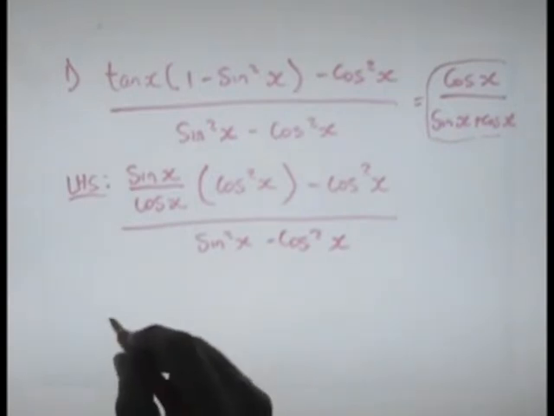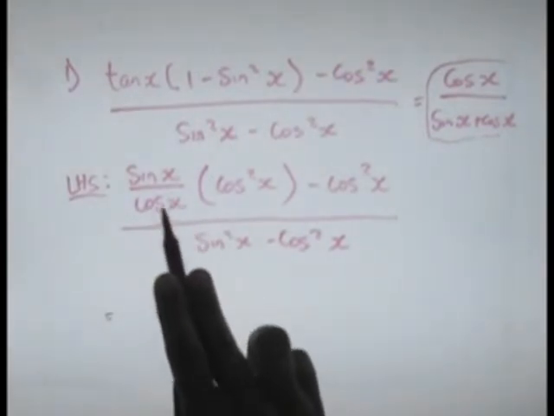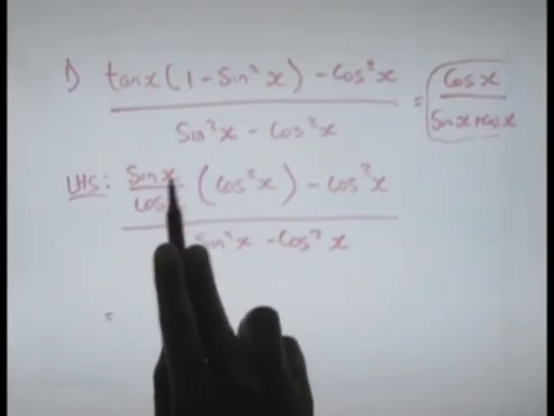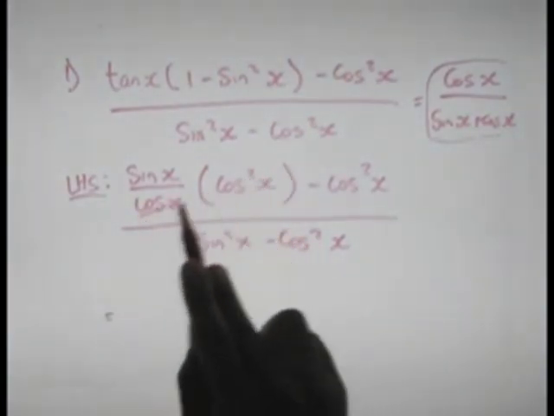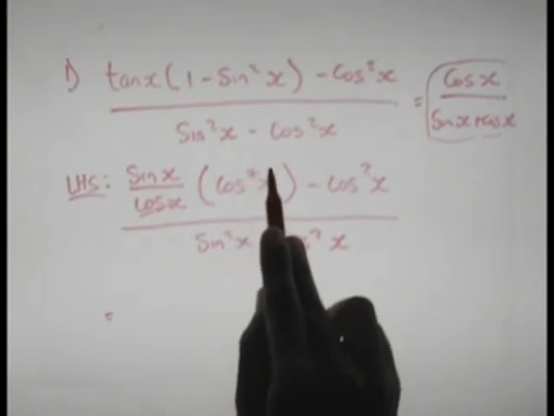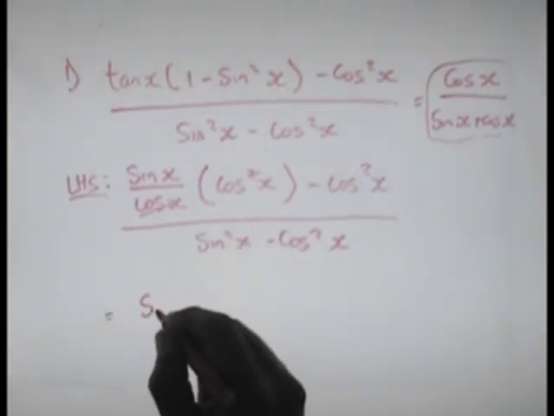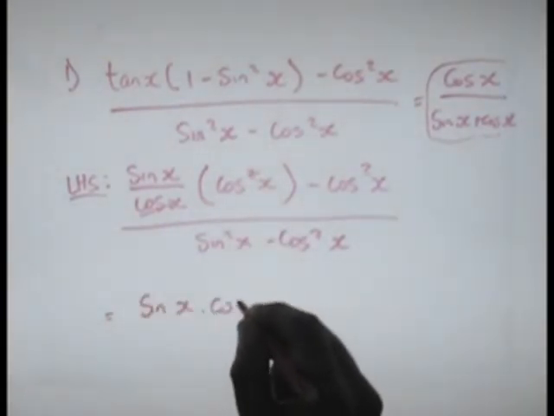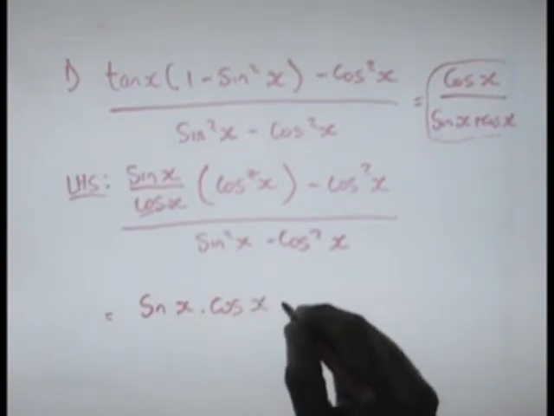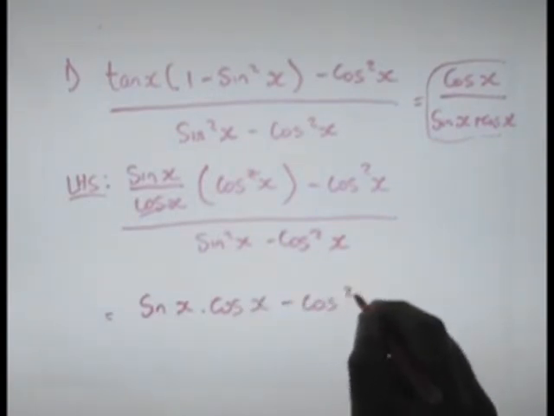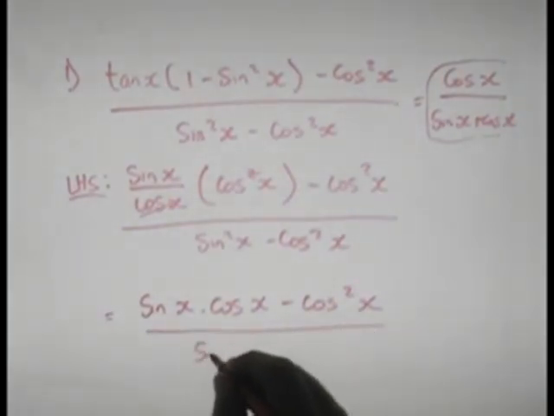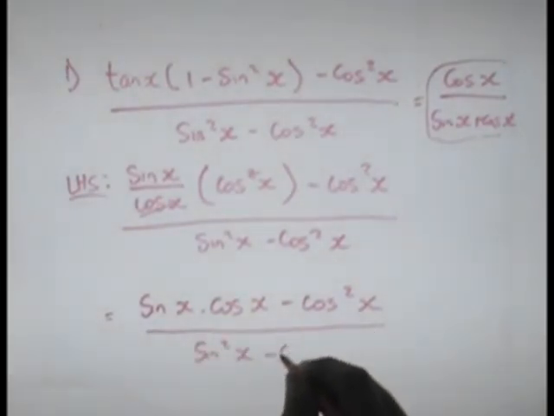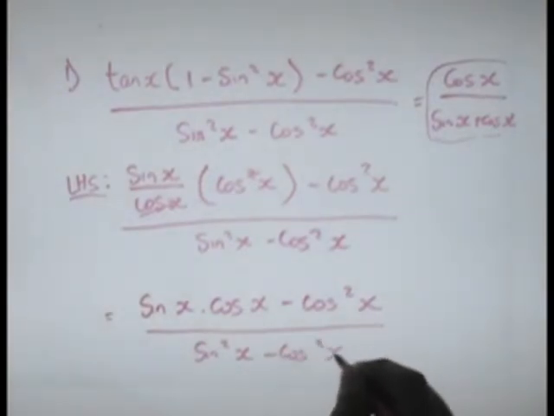Okay, next step I'm going to do cos squared x, sine x over cos x times cos squared x. Wouldn't one cos x cancel with one of those to leave us with just sine x times cos x minus cos squared x, all of that divided by sine squared x minus cos squared x?